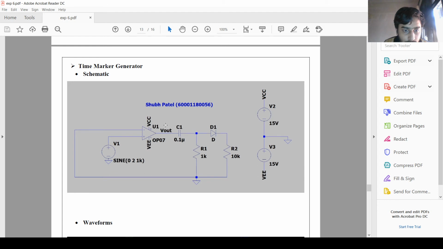So initially we will have a square wave at V out, then it will be converted into positive and negative spikes due to the differentiator, and finally the negative spike will be removed by the diode D.